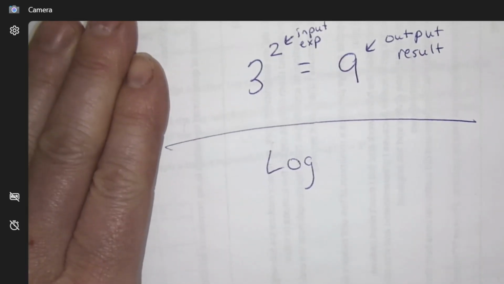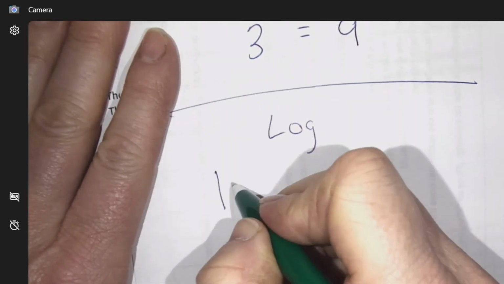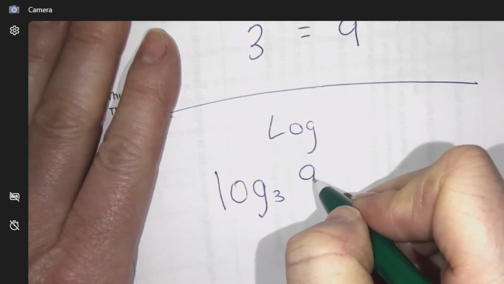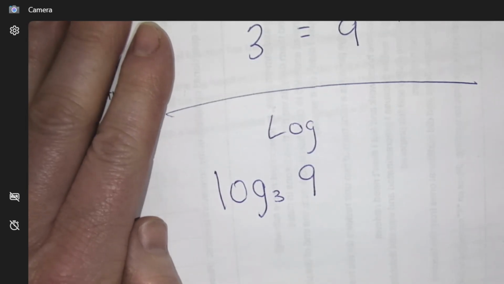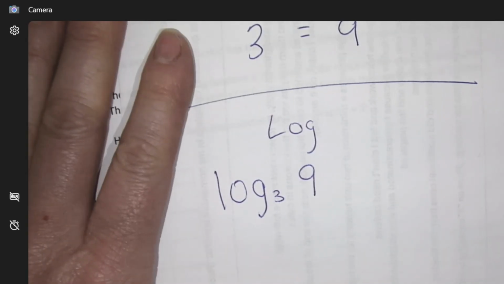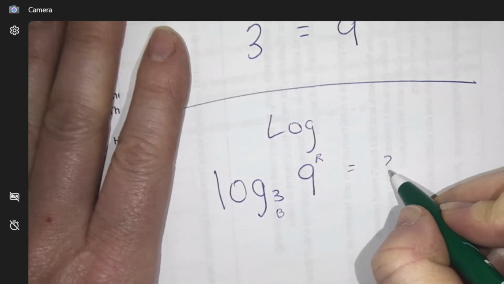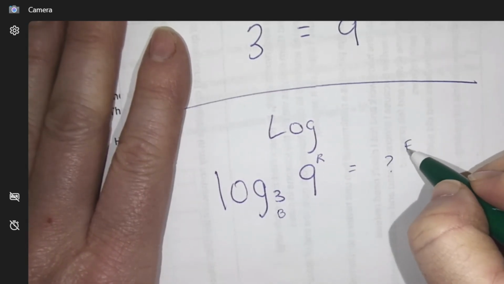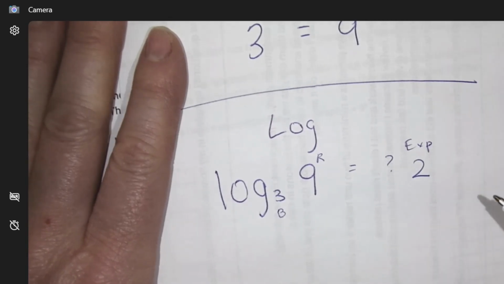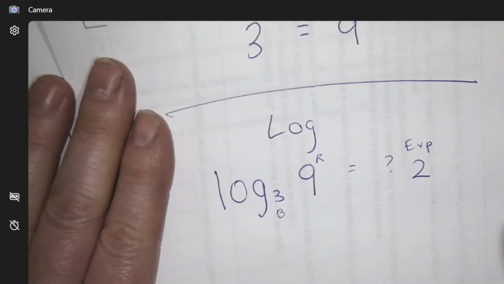Then we learned about logs. Do you remember that that's how it worked? Log 3 of 9. This was the base, this was the result, and we were trying to figure out what exponent it equaled. This time it's going to be flipped around.